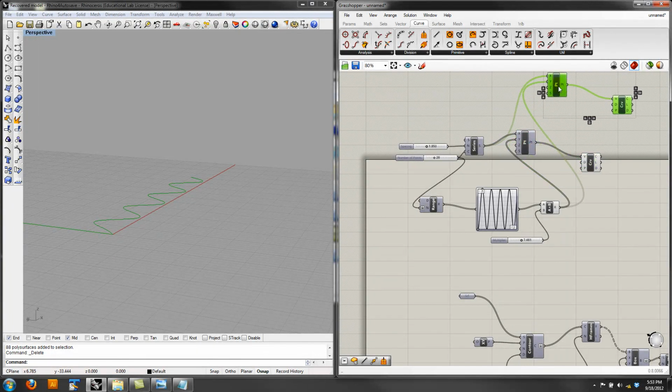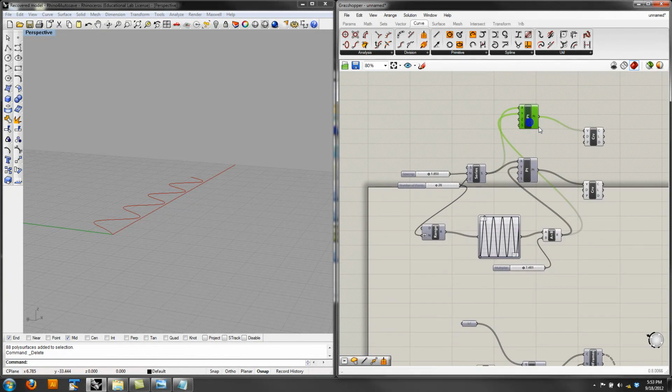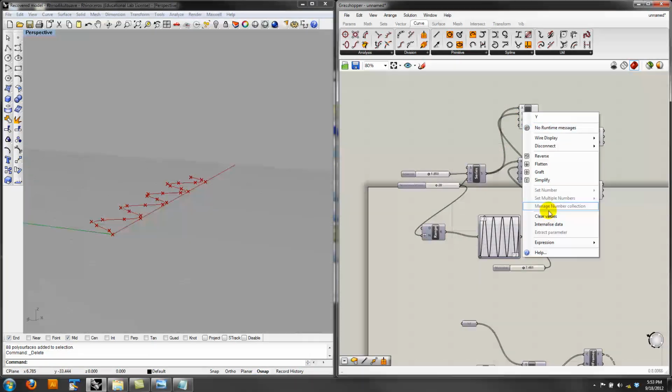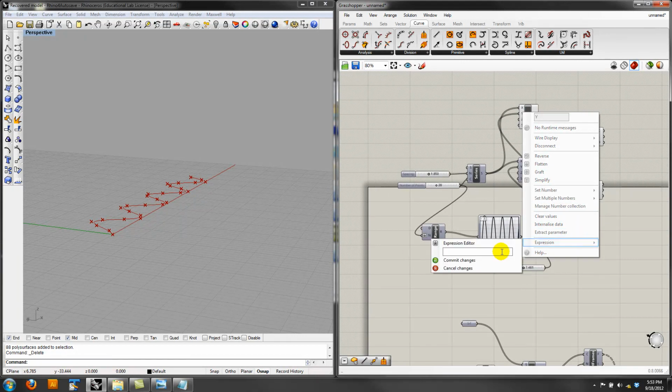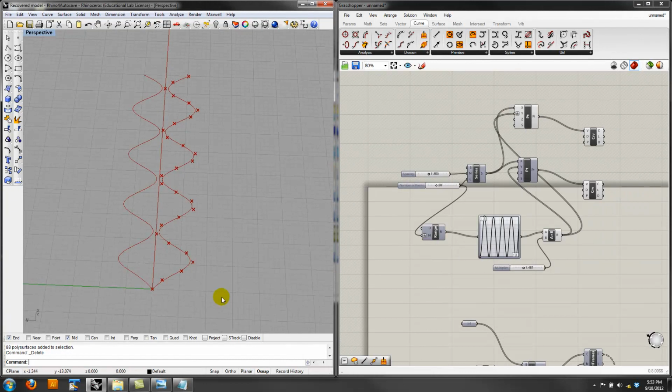So I've got another set of points and another curve is generated by them, and let's just take y and let's do negative y. That's my hypothesis. That's what I think. And that's pretty good, but you see how it's actually flipped on the axis.